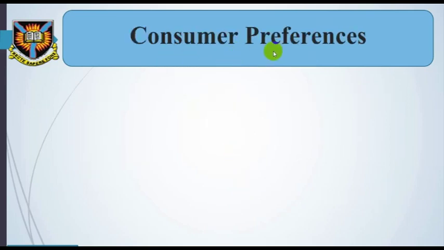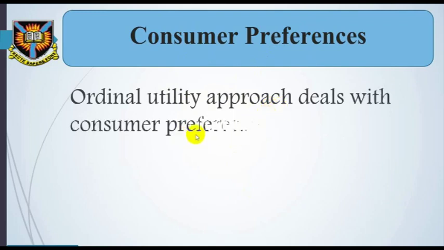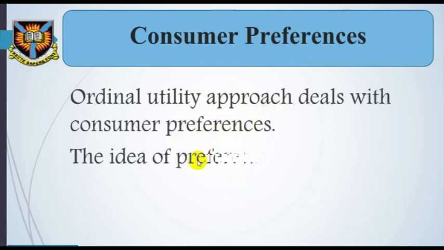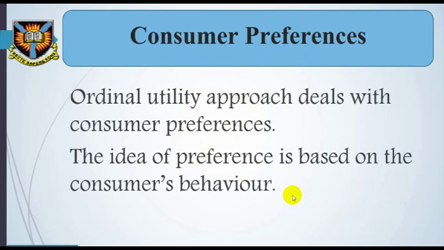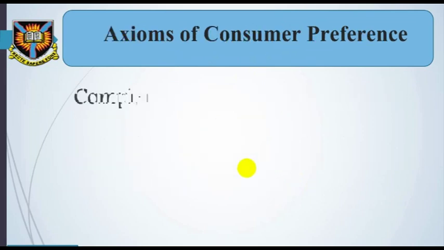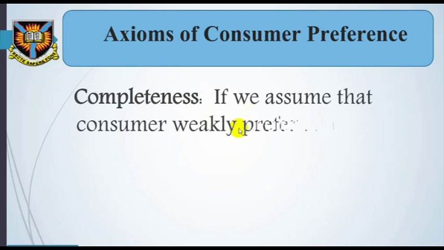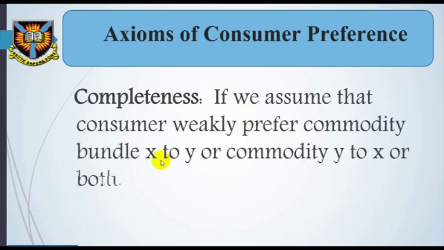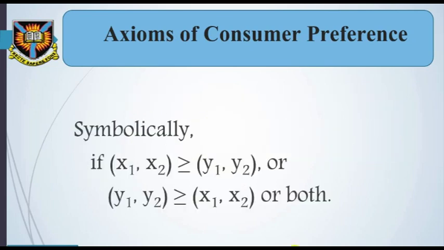Consumer preferences. The ordinal utility approach deals with consumer preferences. The idea of preference is based on the consumer's behavior. Axioms of consumer preference. 1. Completeness. We assume that the consumer weakly prefers commodity bundle X to Y, or commodity Y to X, or both.